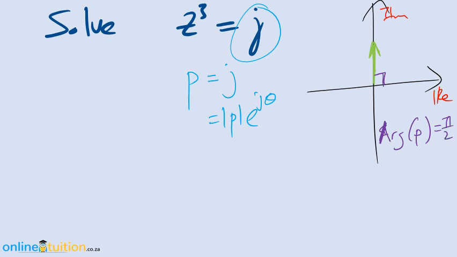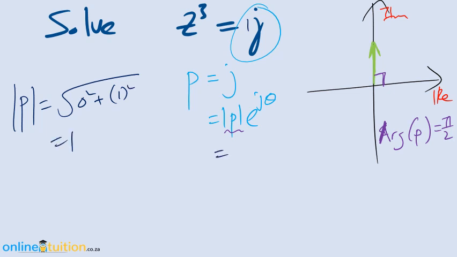It's 90 degrees. But the more general one is pi by 2 plus 2k pi. And what is the size of this guy? The length p, don't forget, is the root of 0 squared plus the coefficient j is 1 squared. So it's 1, not j. So this is 1 e to the j pi by 2 plus 2k pi.